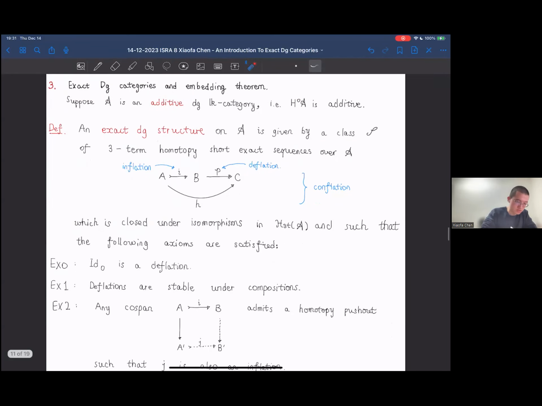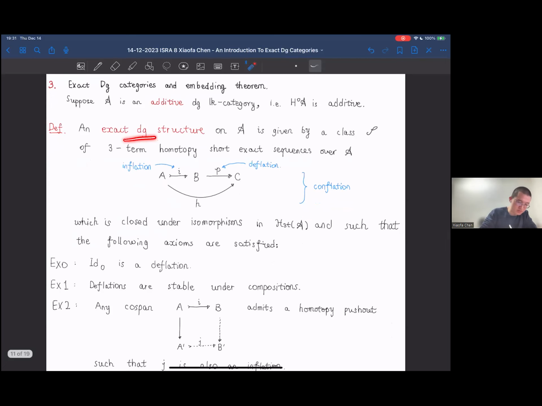Then an exact structure on A is given by a class of three-term homotopy complexes in A, which are homotopy short exact. The objects in this class will be called conflations, and these conflations will define the bimodule E in H0 of A. Here, the morphisms which appear here will be called inflations, and the morphisms which appear here will be called deflations.